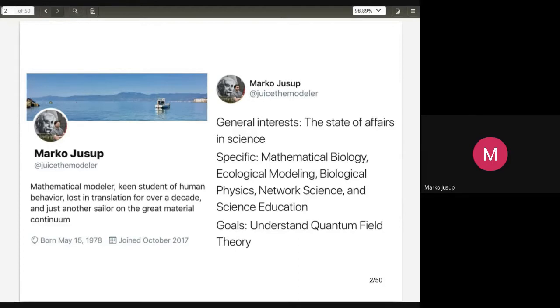I do biological physics, and nowadays I would say that is my main field of study, as I will show shortly. And if time permits, I do a little bit of network science and science education as well. This slide also indicates that I am present on Twitter. So if Twitter is your thing, please feel free to join me over there.